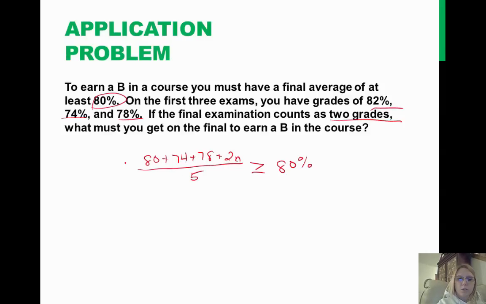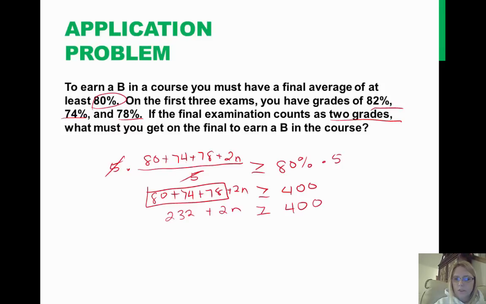Okay, so the first thing I'm going to do on this is multiply both sides by 5. When I do that, these 5's cancel, and I'll have 82 plus 74 plus 78 plus 2n is greater than or equal to 400. I'm going to combine these 3 numbers to make it a little bit simpler. Okay, so we have 232 plus 2n is greater than or equal to 400.